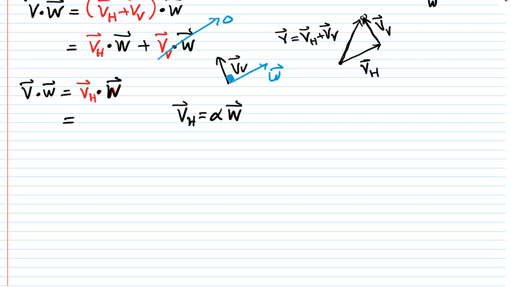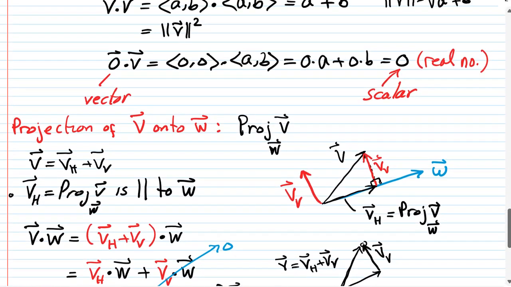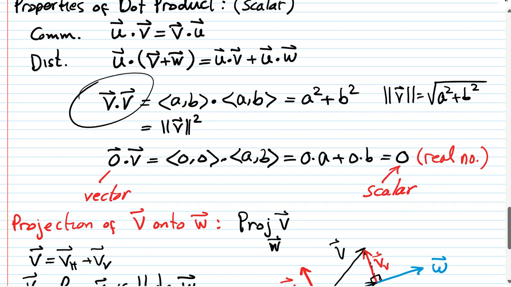So I'm just going to change V horizontal with a scalar multiple of W, alpha W, dotted there, dotted with W. Now, the scalar is a number that comes outside. The only dot product takes place with vectors. So we go W dotted with itself. Well, just a few minutes ago, we said any vector dotted with itself gives you the magnitude of the vector squared, right?